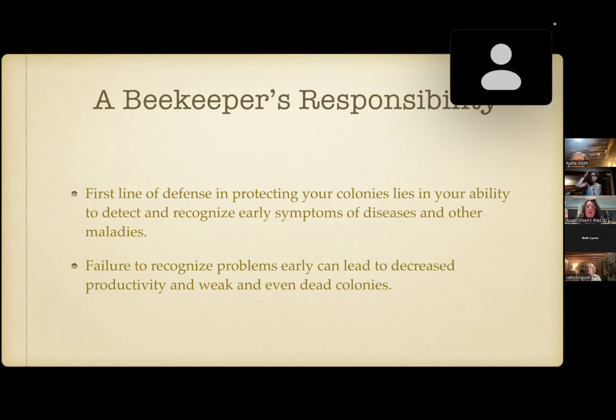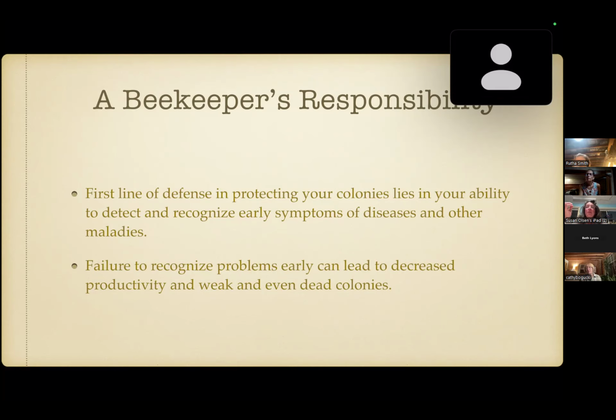Why do I care about that? Because if I don't recognize issues going on early, then it's going to lead to decreased productivity. And then my hive becomes weak. And then I end up with a dead colony. And you're going to find out as we go through all these things, the number one recommendation is to keep a strong colony.